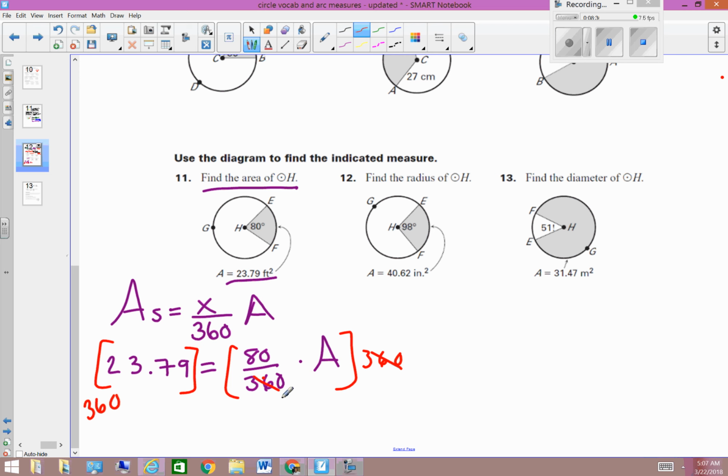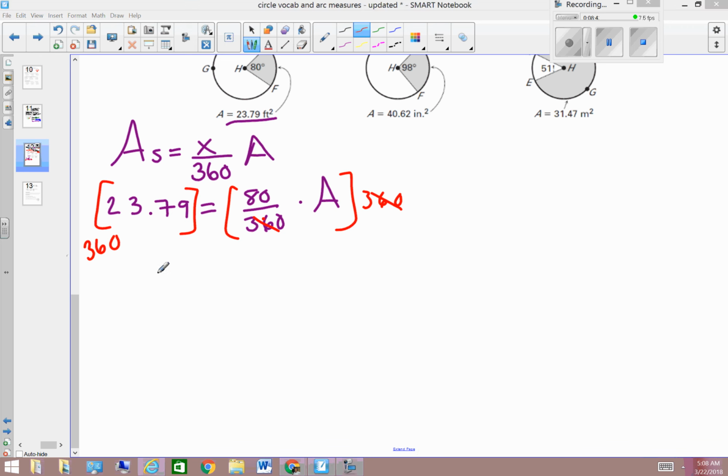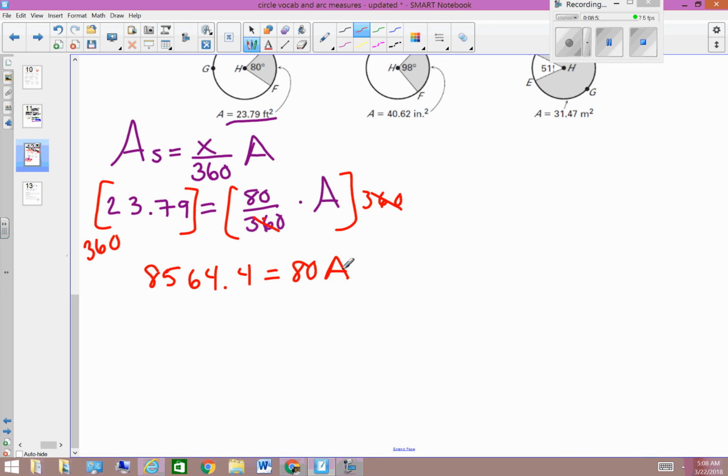And 23.79 times 360 will give me, now the numbers are going to get a little large here, I'm going to get 8564.4 equals 80 times the area. Now to get rid of the 80, I'm going to divide by 80.